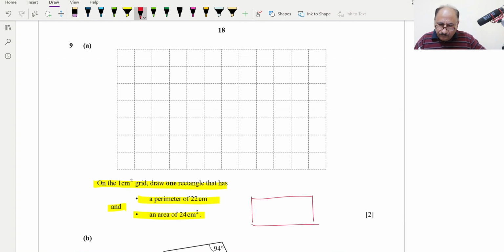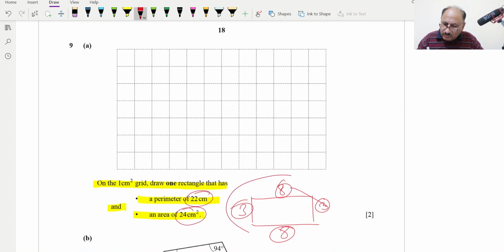We can check if we take this side as 3, this side as 8. So if we multiply, area will be 24, and if we check for the perimeter and add all four sides, it will be 16 plus 3, 19, 20, 21, 22. So perimeter will be 22 and area will be 24.